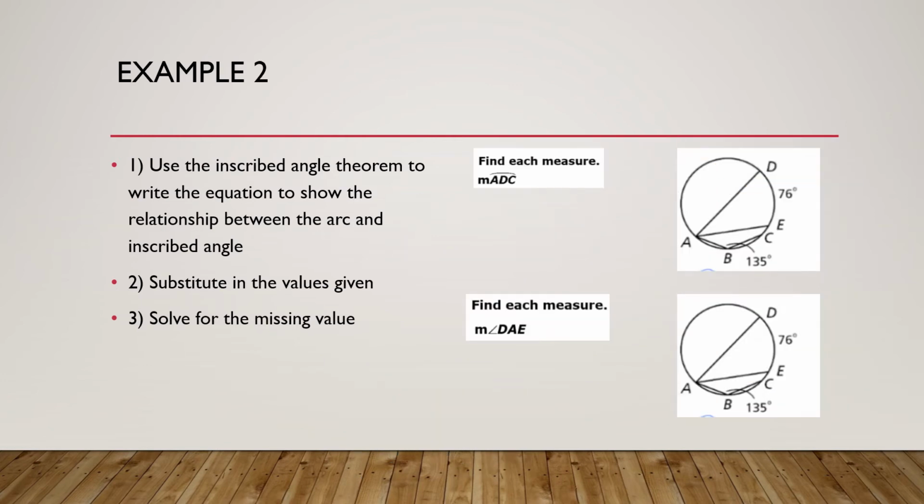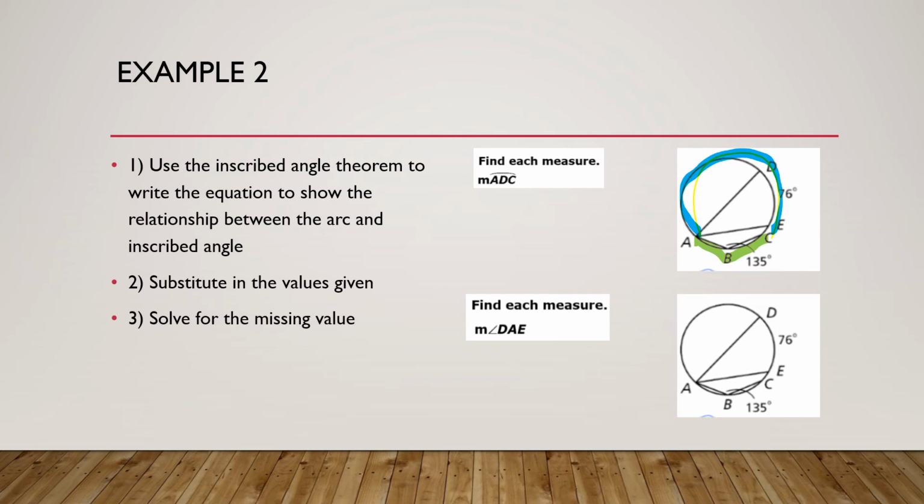For our next example, we want to find the measure of the arc ADC. So we're going to mark ADC. And we need to find the inscribed angle that goes with that arc. The inscribed angle that goes with that arc is ABC.